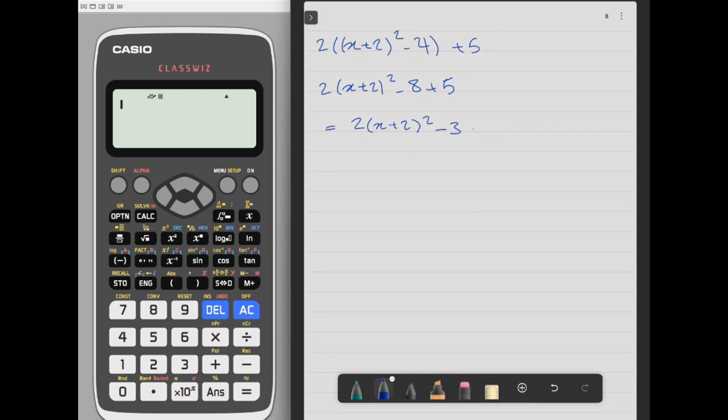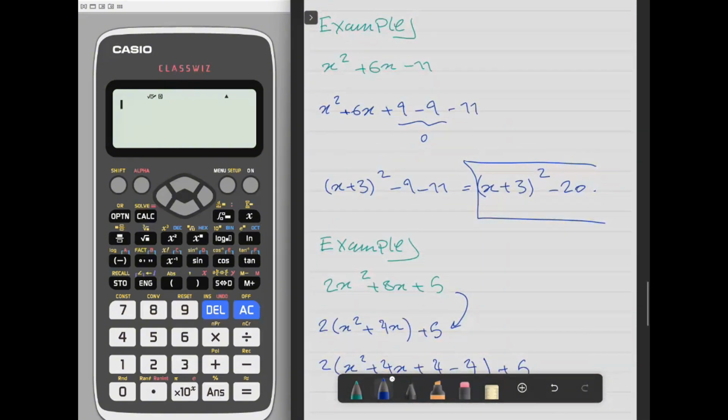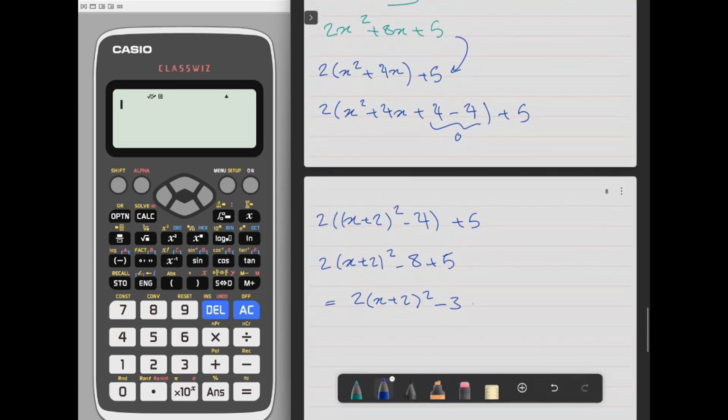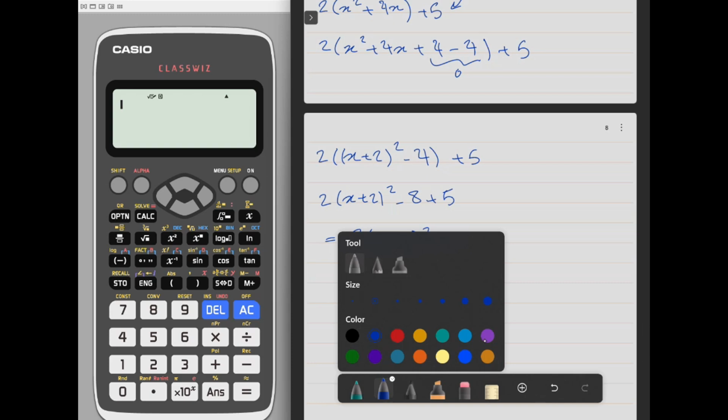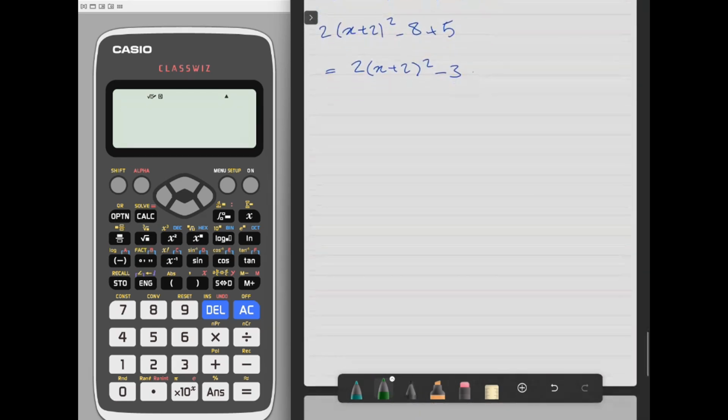So, just to tell you that even the formula works, I'm going to do it with the formula as well. Let's use another color, green. So, 2x squared plus 8x plus 5.